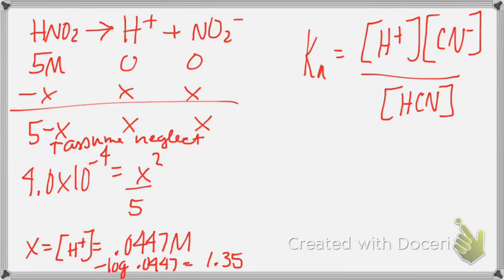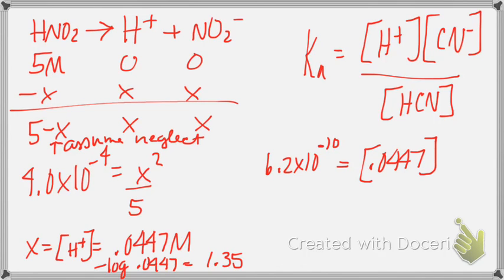So we can solve for that because we have the Ka for the HCN. 6.2 times 10 to the negative 10 is equal to a hydrogen concentration of 0.0447. Why did I use that number? Because even though that was coming from the other one, the HCN is going to contribute only a negligible amount of hydrogen. So we would use that even though it's coming from the other acid.